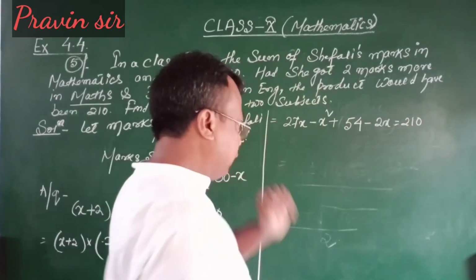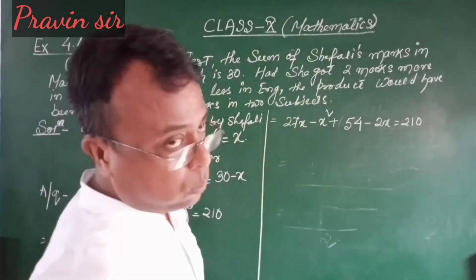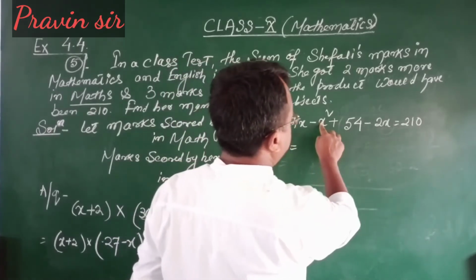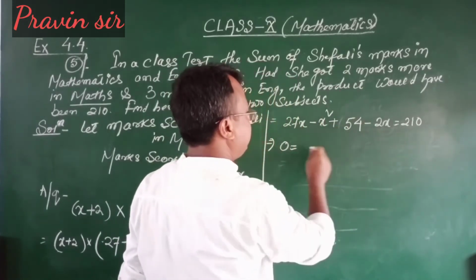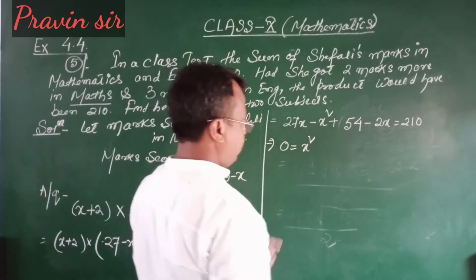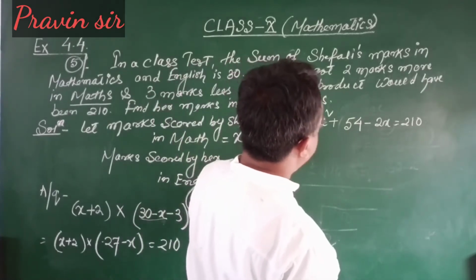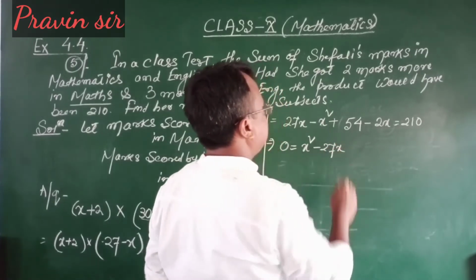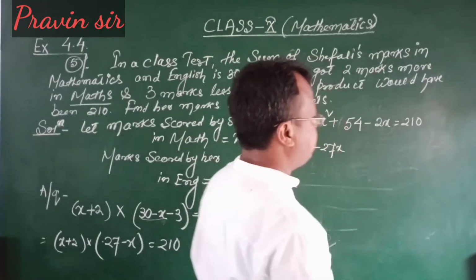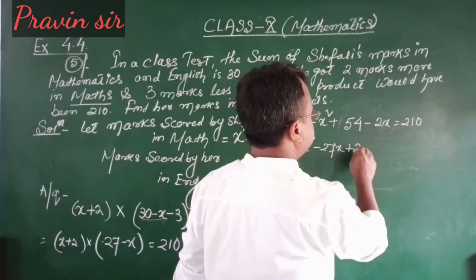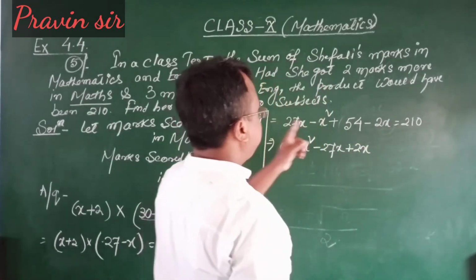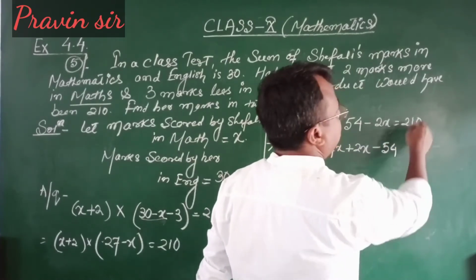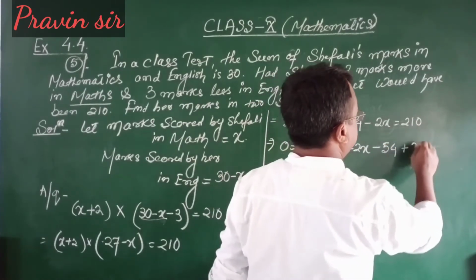Alright, transpose all the things to the right side. So 0 is equal to, if we transpose minus x square, it becomes x square. If we transpose 27x to that side, it becomes minus 27x. If we transpose minus 2x to the right side, it is plus 2x. And if we transpose plus 54 to that side, it is minus 54, and 210 is already there.